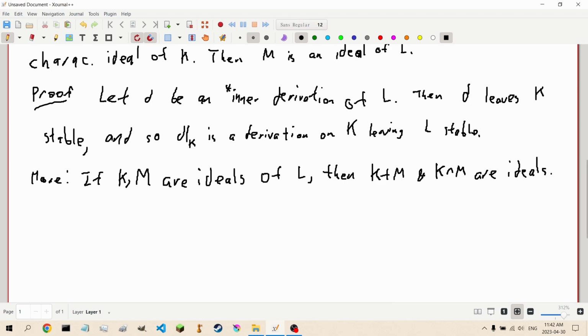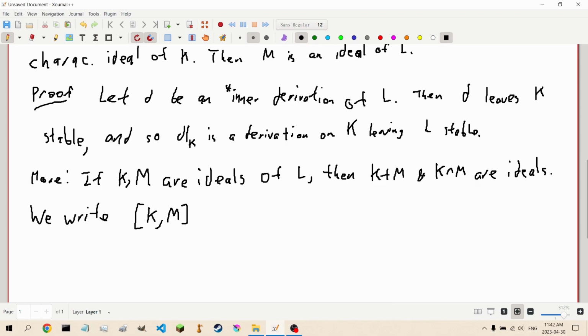And so another little note here is we often look at what looks like the Lie bracket of these two ideals here. I guess this can be over submodules.